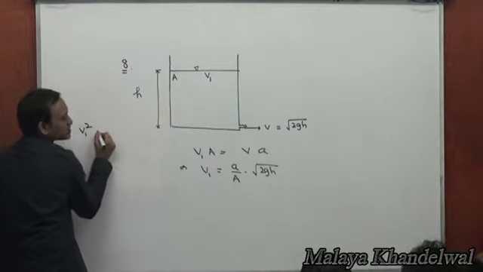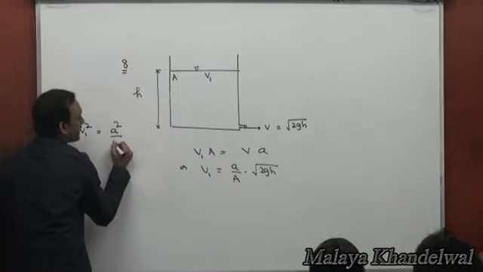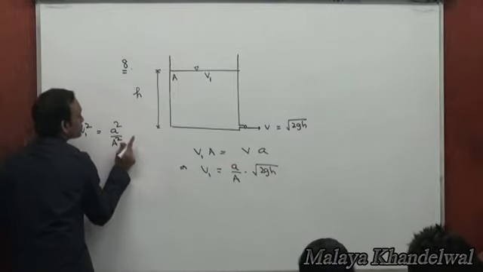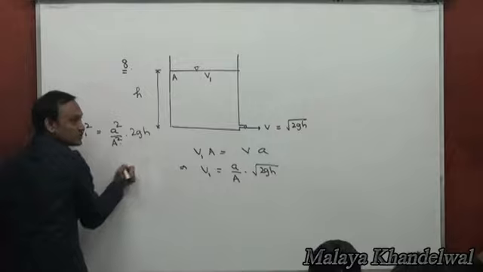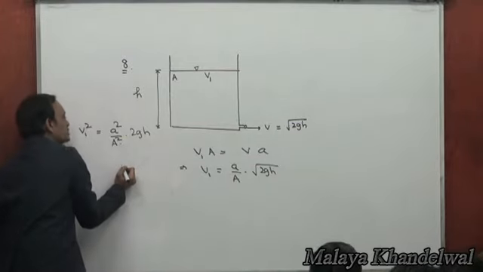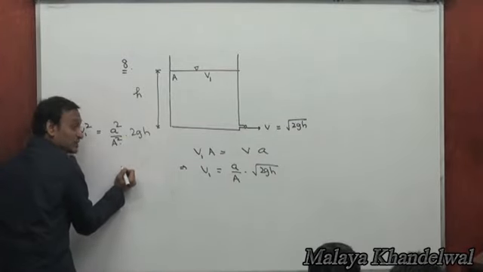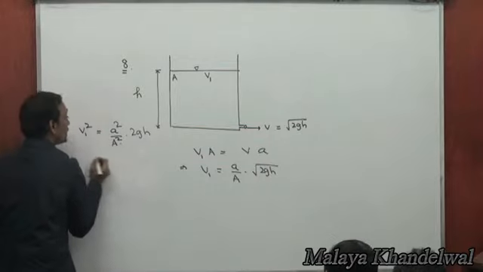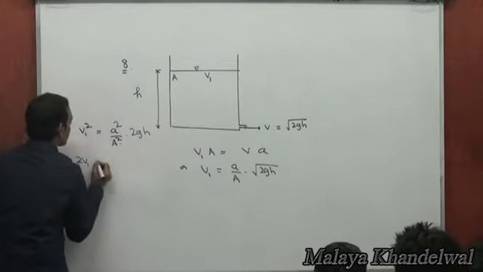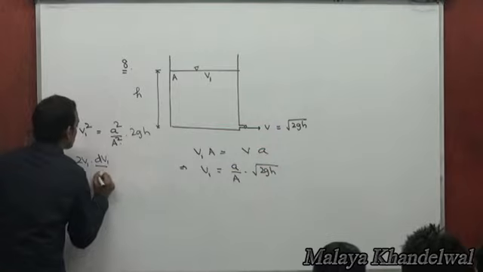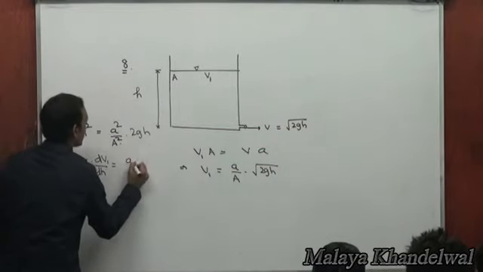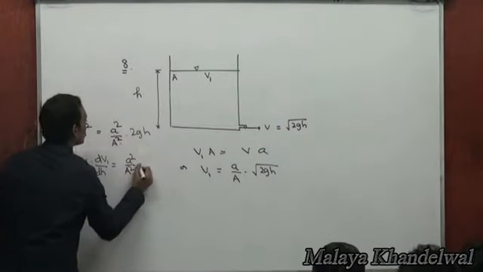If I look at V1 squared from here, then it is a squared by A squared into 2gH. That's V1 squared. If I differentiate both sides with respect to H, I get 2V1 dV1/dH equals a squared by A squared into 2g.